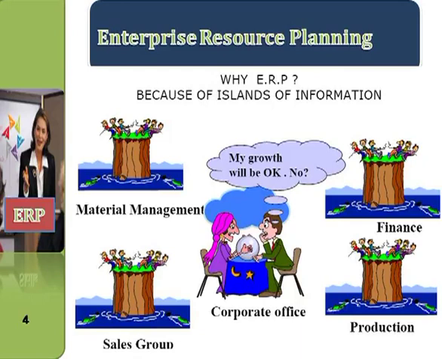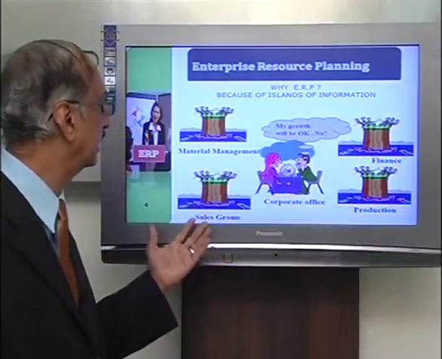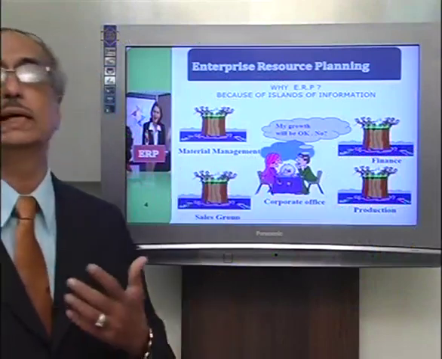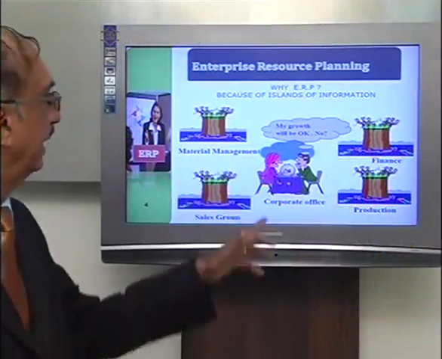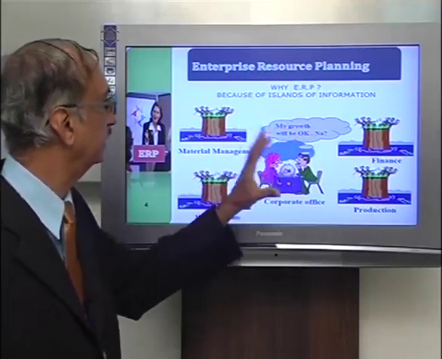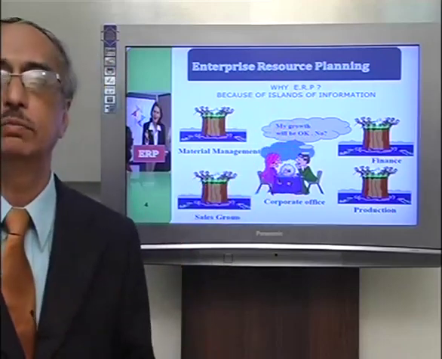At the corporate level, they don't know what is happening at these various levels. Once you have entered the bill of material, automatically production can be linked up, HR can be linked up, all those things can be linked up. That is what is called the seamless integration of business process in ERP.